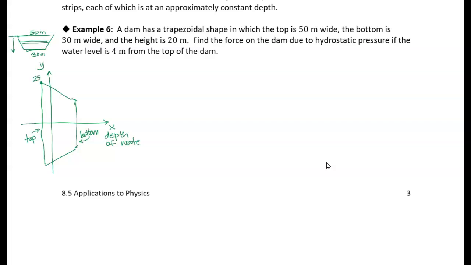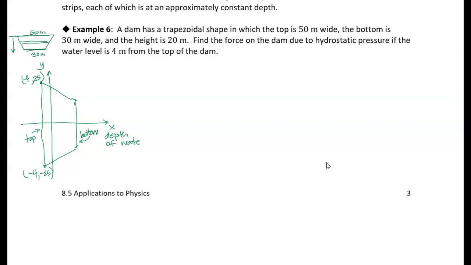And if the water line is at 0, then the x-coordinate here is 4. So this is the point (4, 25). Okay, so this one will be (4, -25). So the whole top is 50 meters.